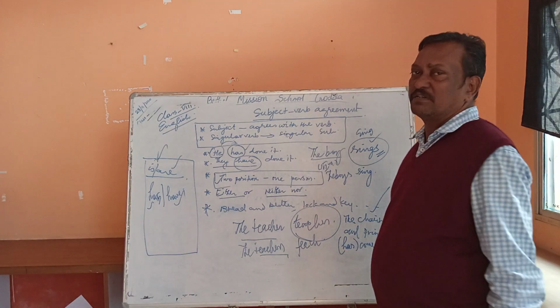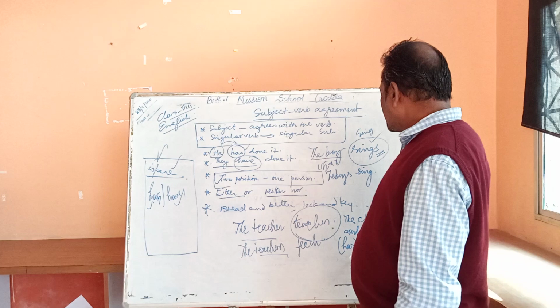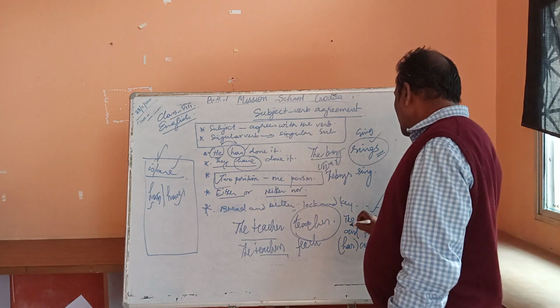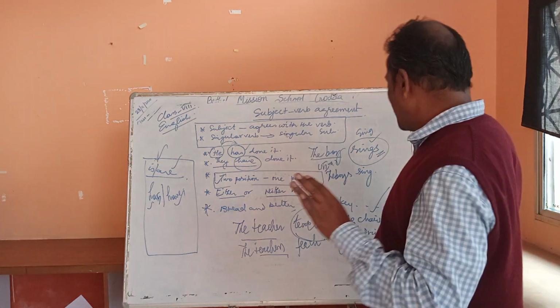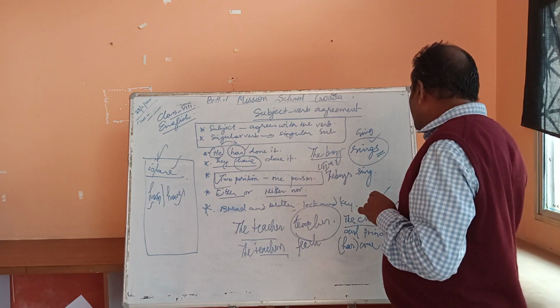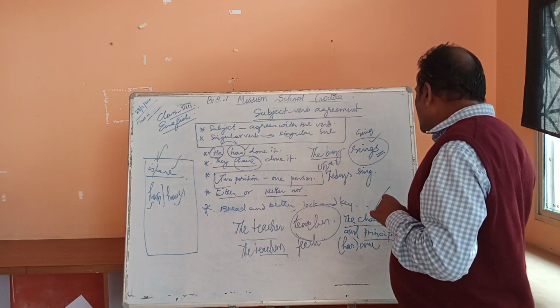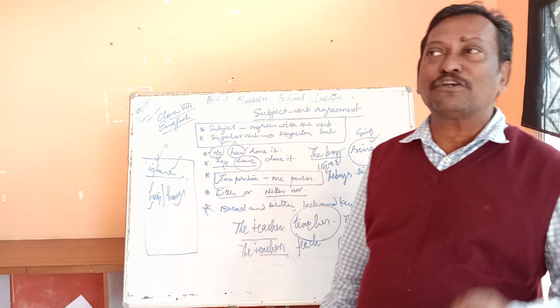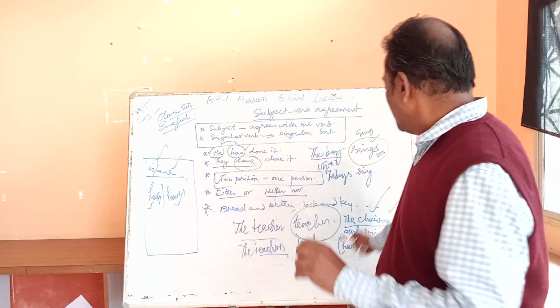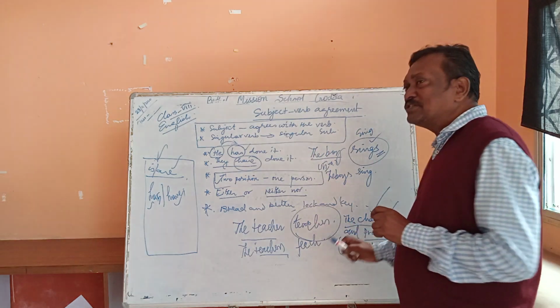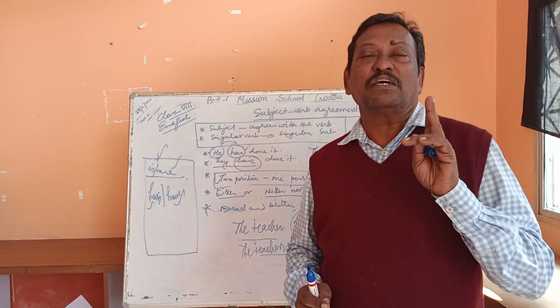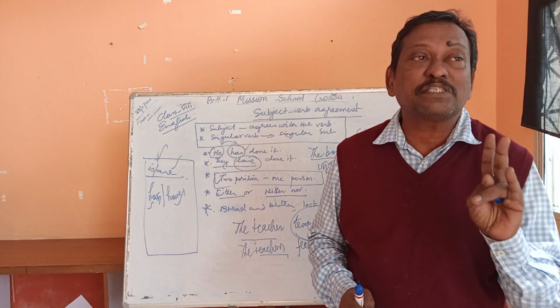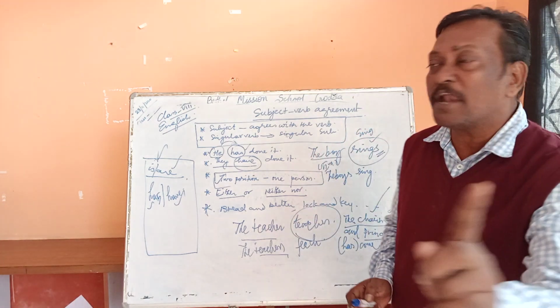This is absolutely correct. Why do I say this is right? Because you should not get confused here. You may think the chairman is one subject and the principal is another subject. No, it is not to be taken that way. The chairman and principal, it's not two different persons, but only one person.